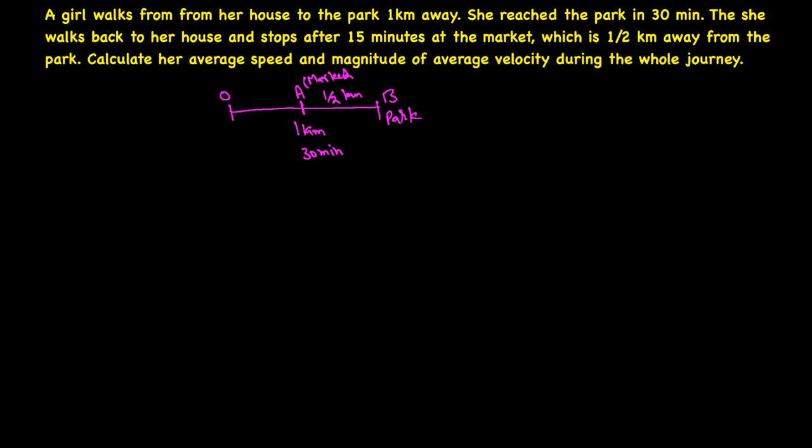So first of all, I'm gonna find the average speed. Average speed, remember, is equal to total distance traveled over total time. So in our example, the total distance traveled by this girl is 1 kilometer, and then she came back to the market while she was traveling back home.